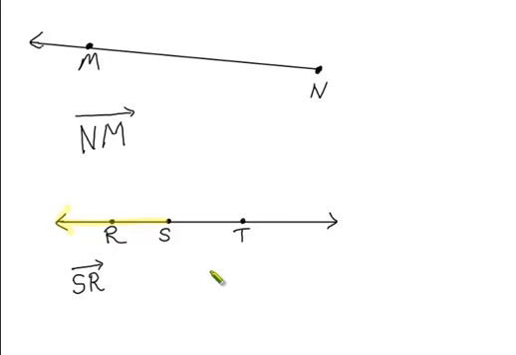If I were to write ray RT, that would include from R forever that way. It's different pieces of the line depending on what you write as your endpoints.